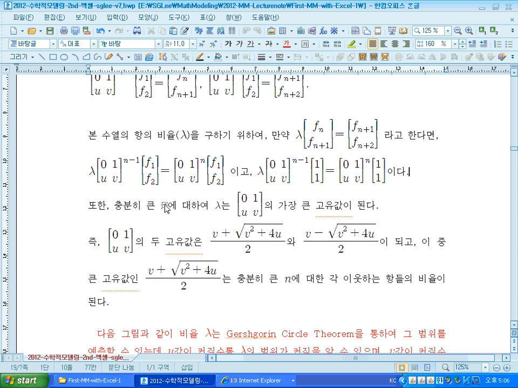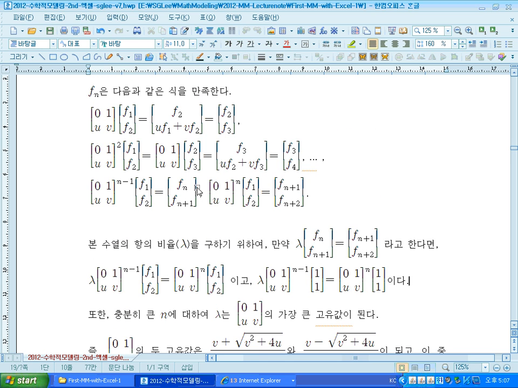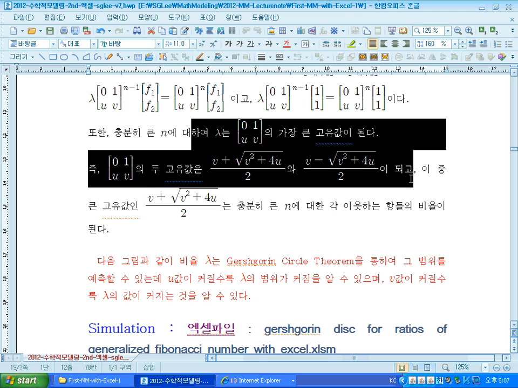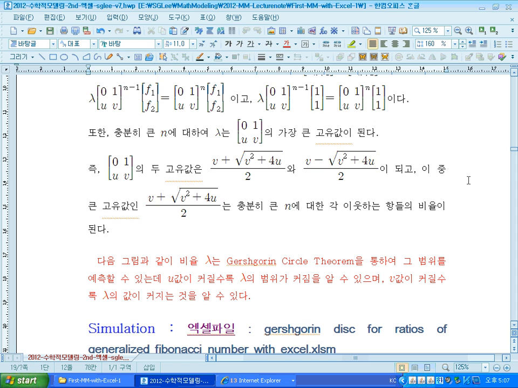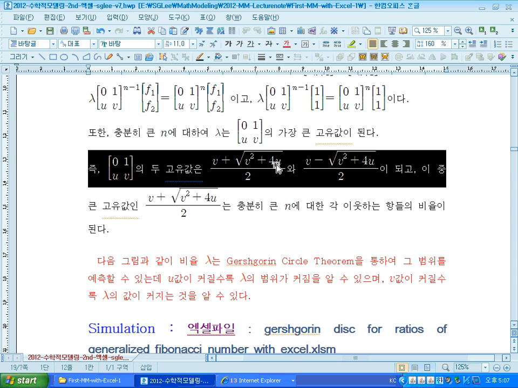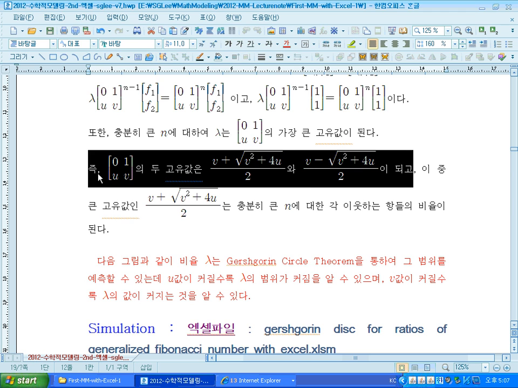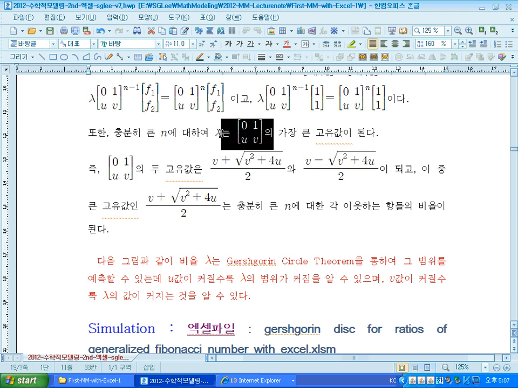So the largest eigenvalue of this matrix 0, 1, u, v will give the answer for the growth rate. We can find it from the quadratic formula, by using the quadratic formula to find the two eigenvalues of this matrix.